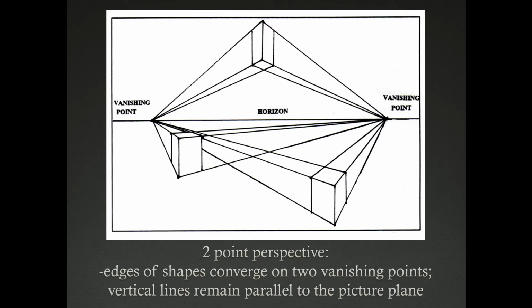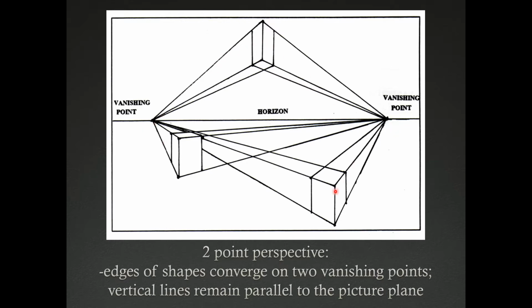And the verticals are still oriented up and down orthographically, so they are parallel to each other on the image, but now you have two sets of diagonal lines that are going to a vanishing point over here and a vanishing point over there. And when you have a box oriented in the air above the horizon line, it still behaves the same way.